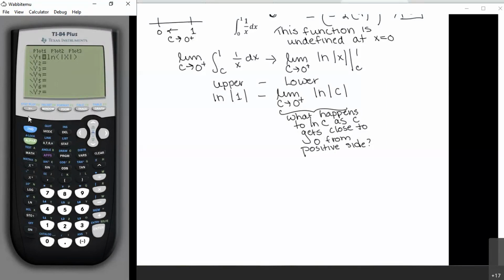Then I want to make sure that my table is set up for me to plug in x values. So I'm going to set this to independent ask and then go to the table.